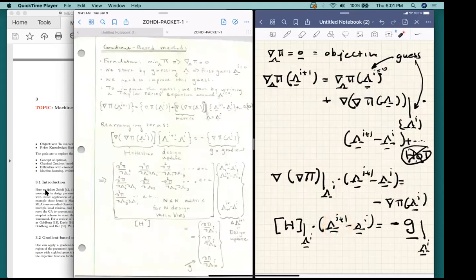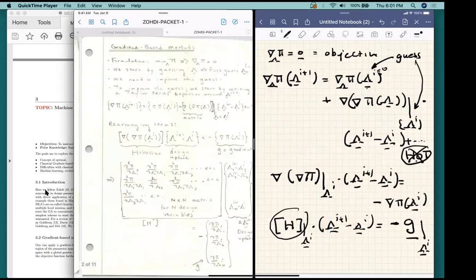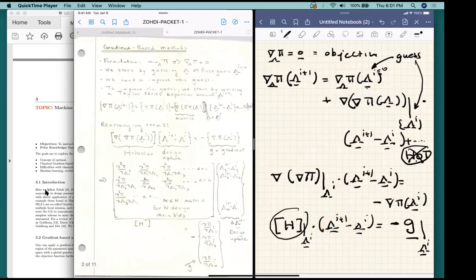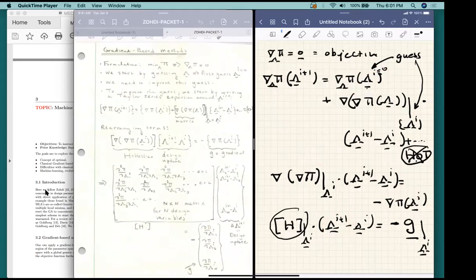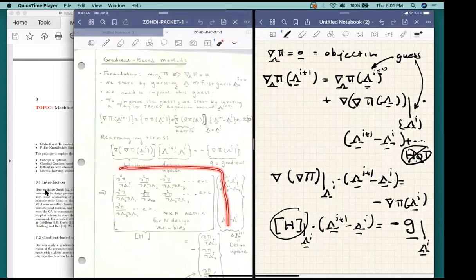So solving for this means I've got to invert this matrix, right? And what does that matrix look like? It's right over here. It's basically this guy here that is all of this stuff. It's the matrix of all the possible second derivatives of pi. We'll come back to that in a moment. But this is an n by n matrix, this is an n by 1 vector, and this is an n by 1 vector, okay?